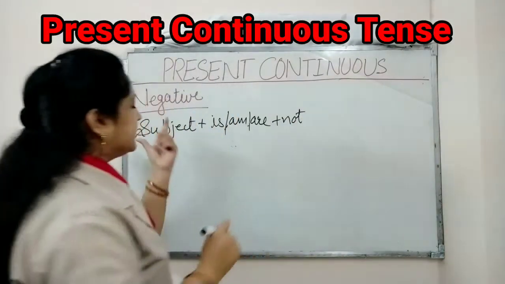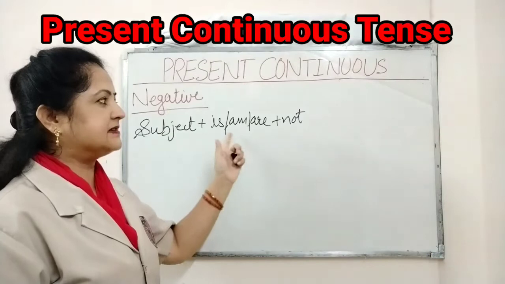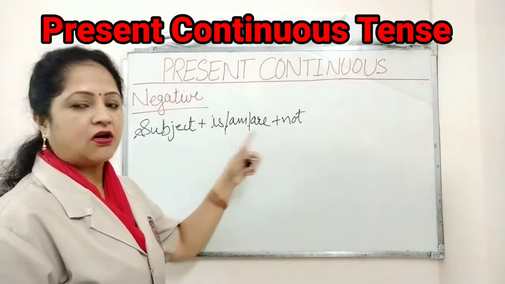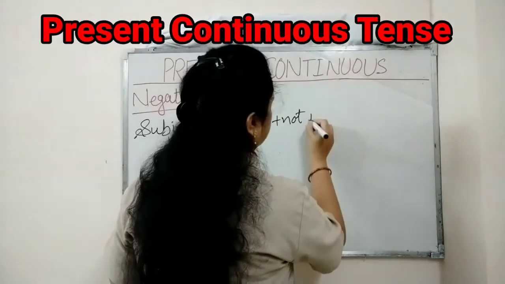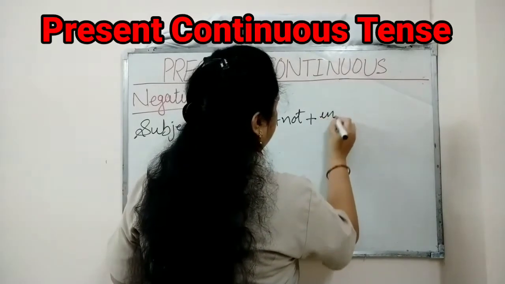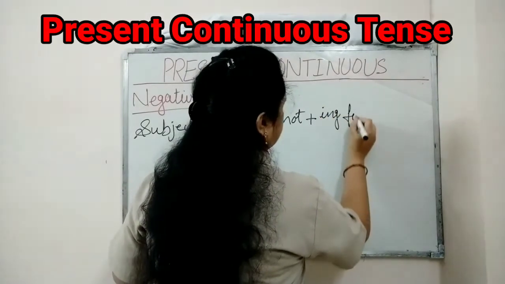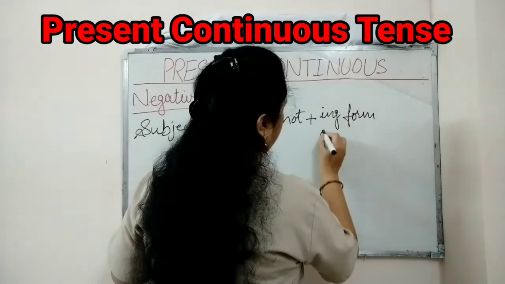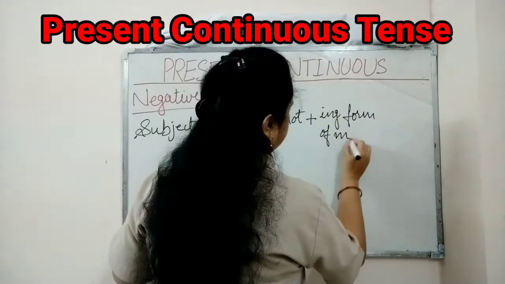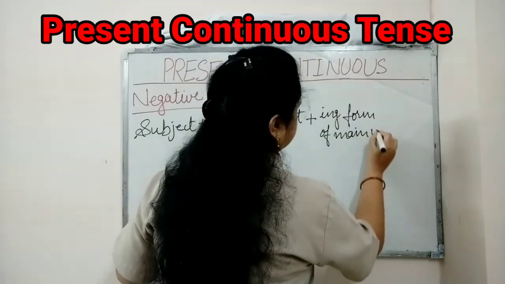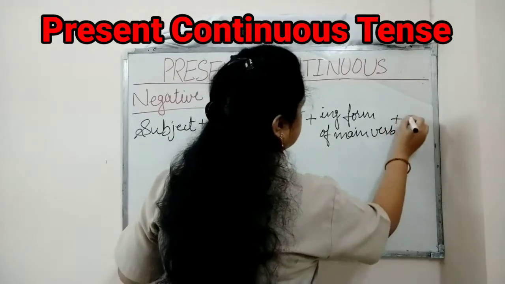As it is a negative sentence, after is, am, are we write not, and after not we write the ing form of the main verb, and then the object of the sentence.